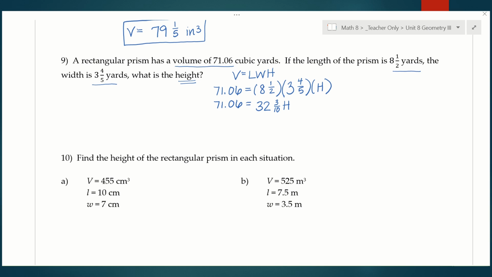And to do that, since it's being multiplied by H, the opposite would be to divide. So I'm going to divide both sides by 32 3/10. Okay, those of you that like decimals better, you can divide by 32.3. All right, so in your calculators, 71.06 divided by 32.3 or 32 3/10.